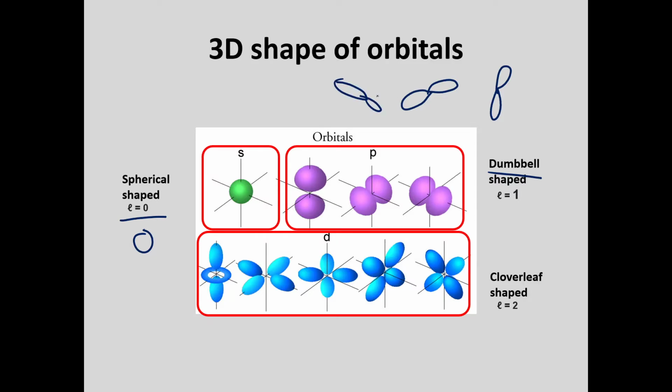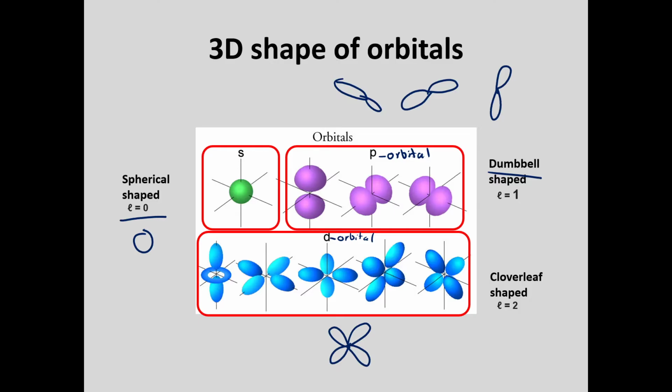So untuk L equal to 2, which is d orbital, dia punya bentuk is clover leaf shape, which is kalau you tengok betul-betul, it is just dumbbell darab 2 je. Okay. Maksudnya just instead of only have one dumbbell, dia ada 2 dumbbell. Like that, macam bunga. Okay.